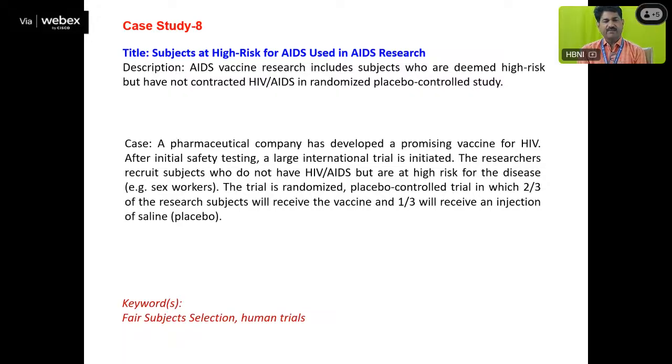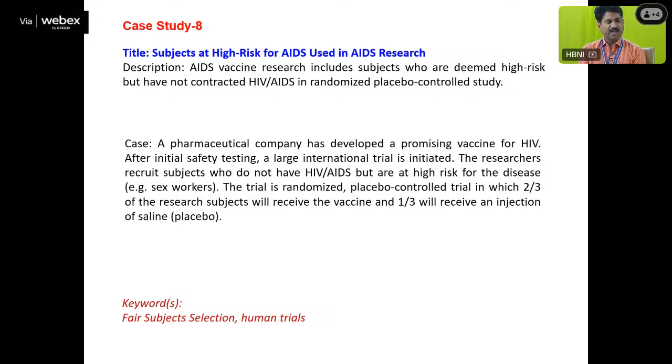And then they were doing the placebo-controlled study in which 2/3 of the vaccine will be given to the particular subjects and 1/3 injection, that is only the saline, will be given as a placebo to the rest of the participants. But here the thing is that they have not chosen the subjects randomly. So they have only selected the participants who are at high risk for the particular disease.